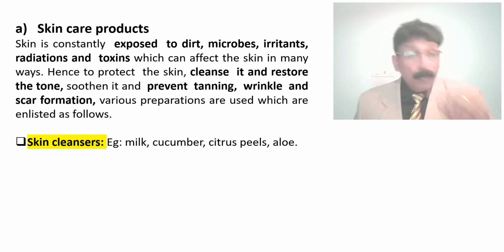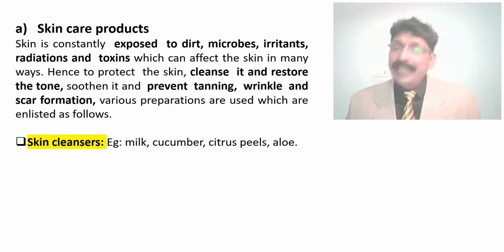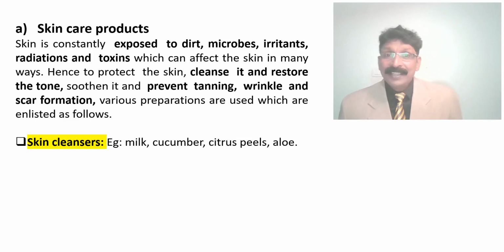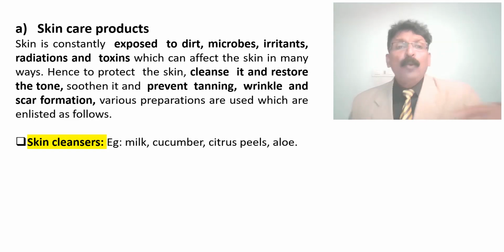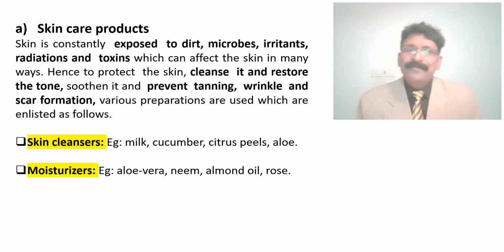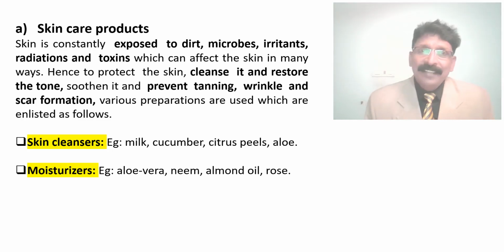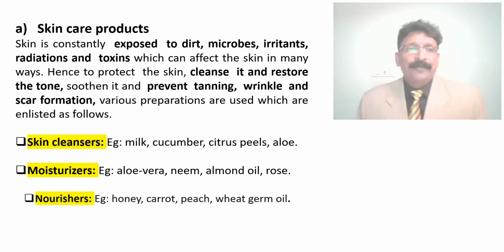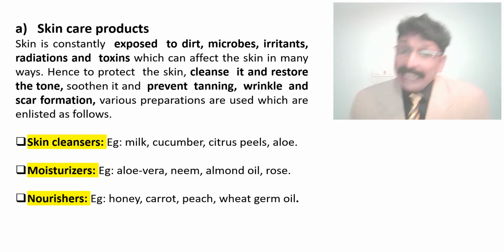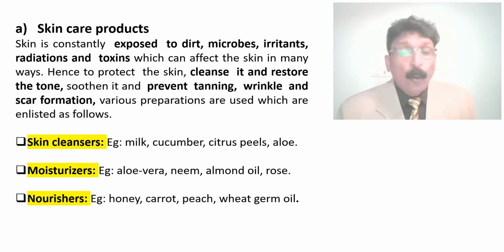Number 1, skin cleaners: milk, cucumber, citrus peel, aloe. Females will be knowing, you are using these at home. You can write the examples. Moisturizers: aloe vera, neem, almond oil, rose. Nourishers: honey, carrot, peach, wheat germ oil.